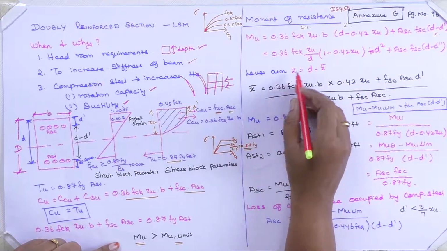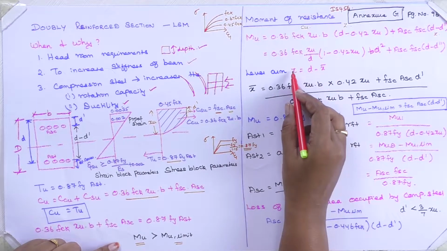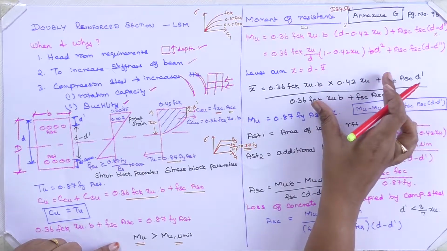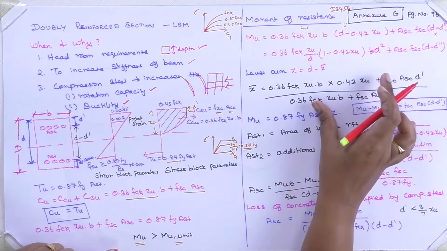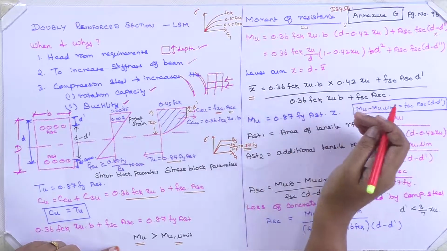That is, I have written in a separate form what is my lever arm: Z is equal to d minus x bar. This is my x bar value, the centroid of my compression force.